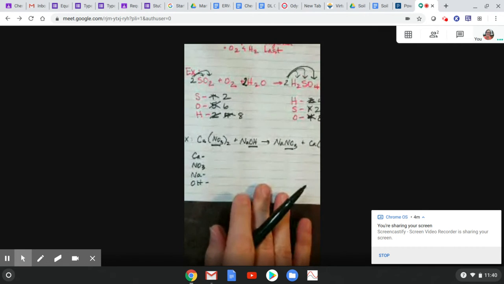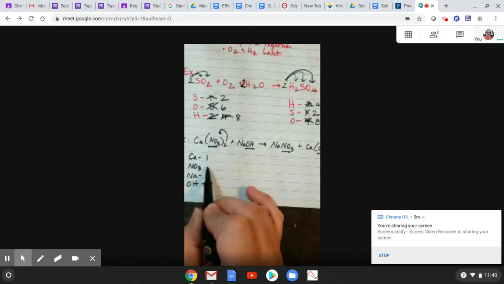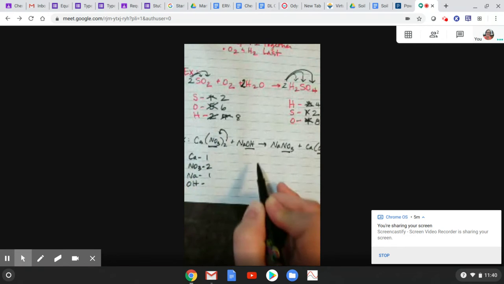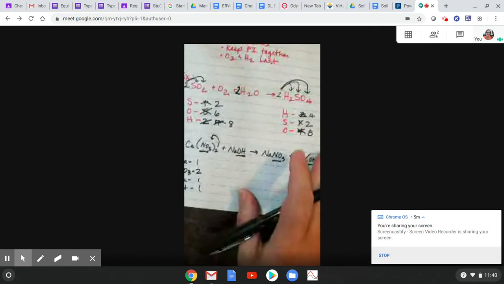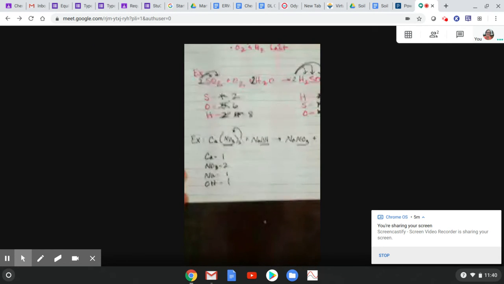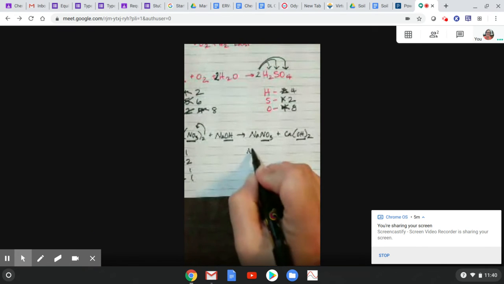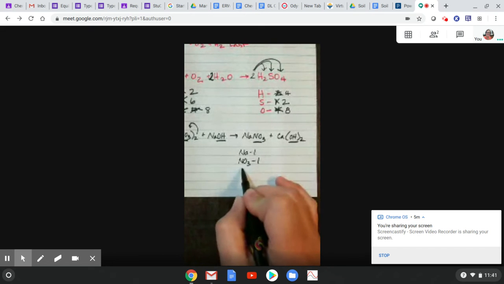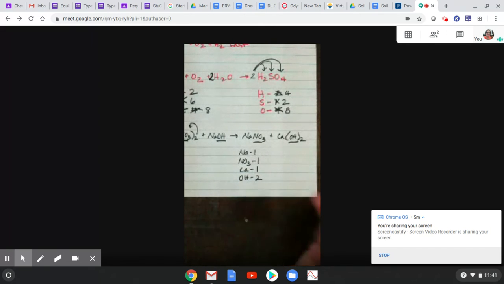So if I do my numbers, I have 1 calcium, I have 2 nitrates, I have 1 sodium, and I have 1 of this hydroxide group. Now on the other side of the equation, let me move this over a little bit. On the other side of my equation, I have 1 sodium, 1 nitrate, 1 calcium, and 2 hydroxides.